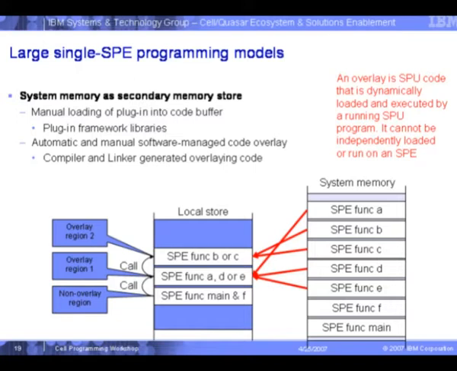Can I break up those sizes in such a way that I can load one of them, two of them, or three of them on the same location using overlay techniques? This overlay approach is not new.